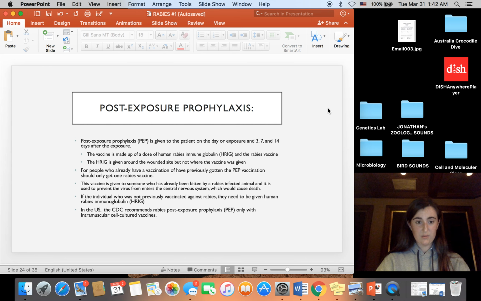If the individual was not previously vaccinated against rabies, they need to be given human rabies immunoglobulin. In the US, the CDC recommends rabies post-exposure prophylaxis only with intramuscular cell cultured vaccines.